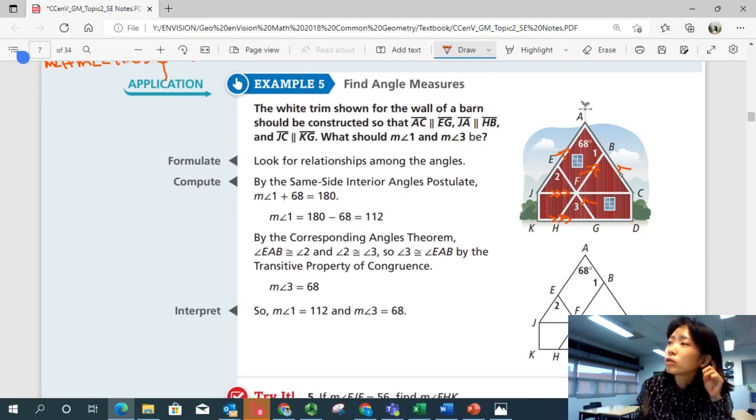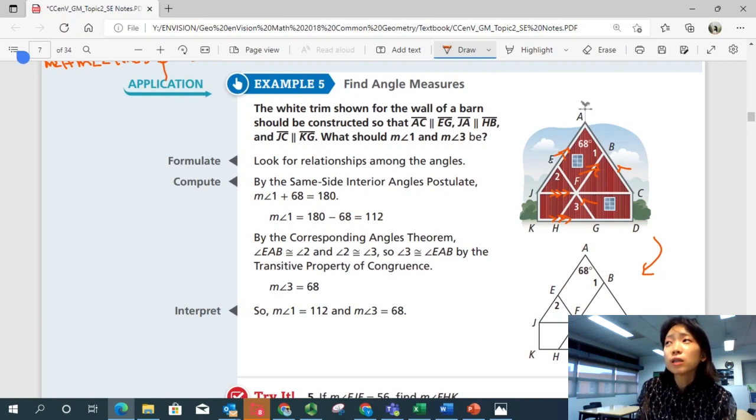So, can you identify any transversals that go through two parallel lines that could possibly relate angles 1 and 3? So first, you're going to look for relationships among the angles. If you look at this diagram, you see that angle A is 68 degrees.